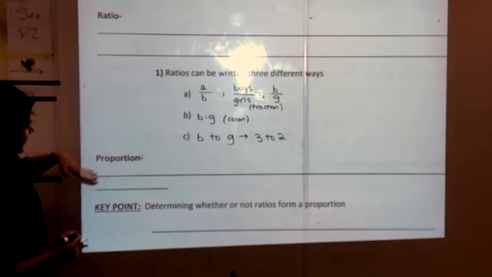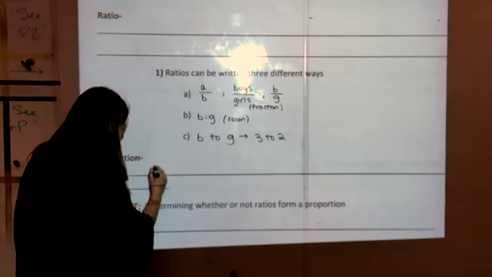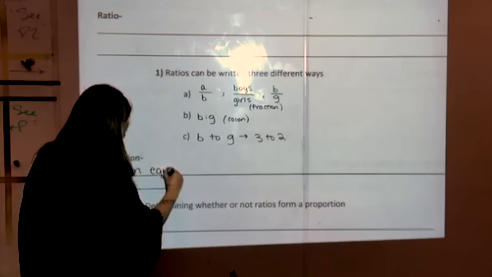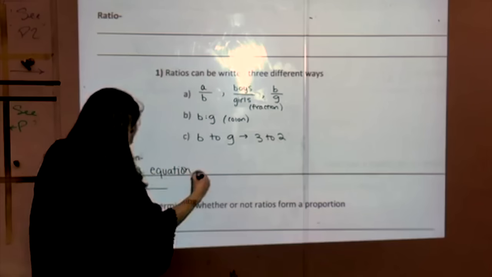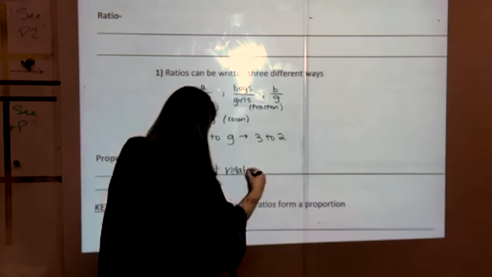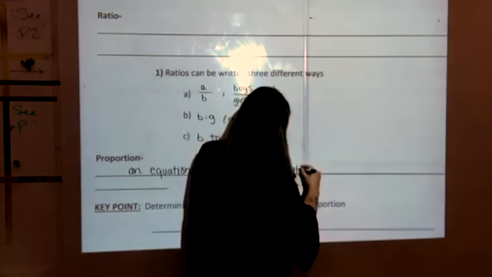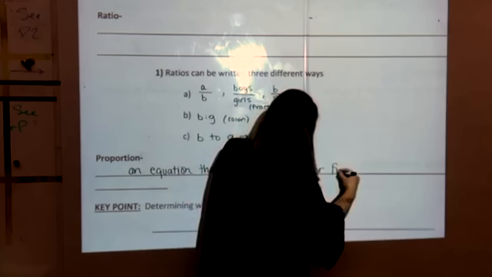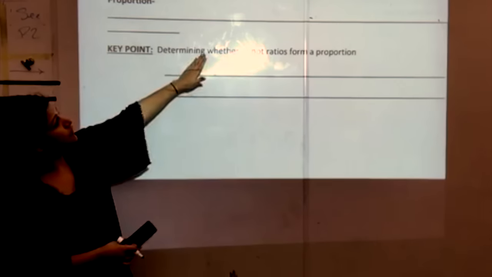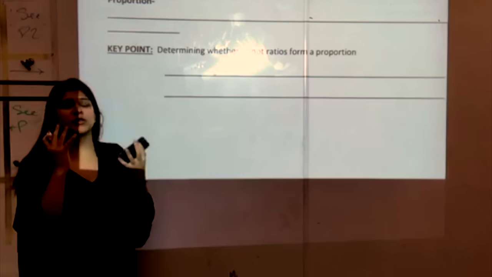Okay. And last, go ahead and get this definition down for proportion. If we're determining whether or not ratios form a proportion or are proportional, keep in mind this word equation.